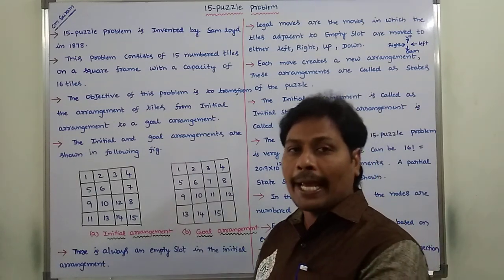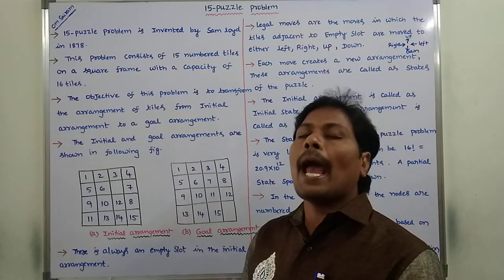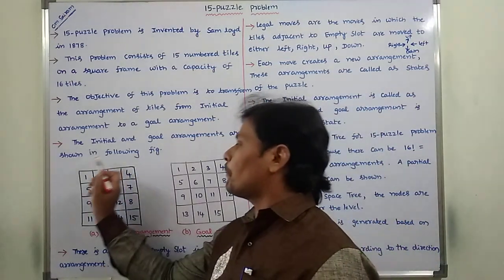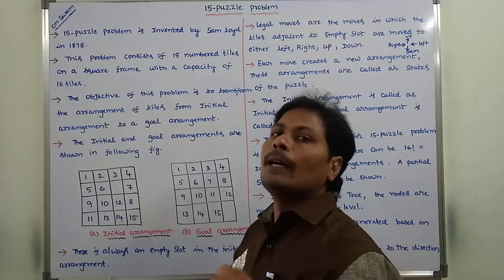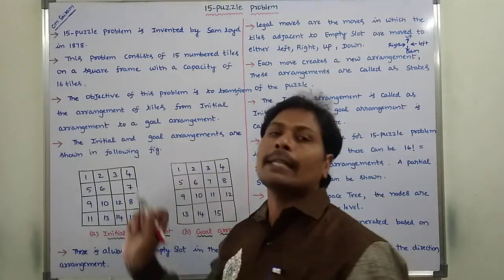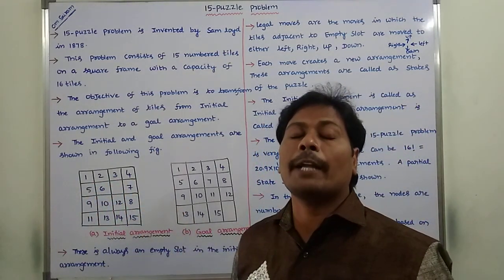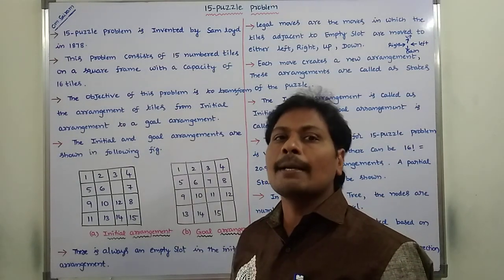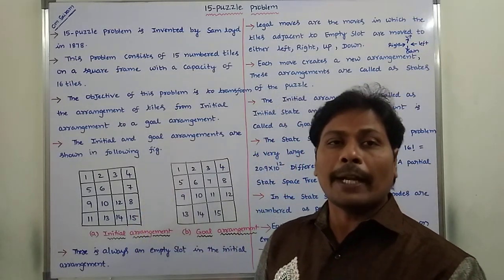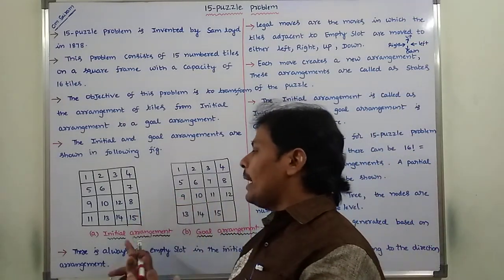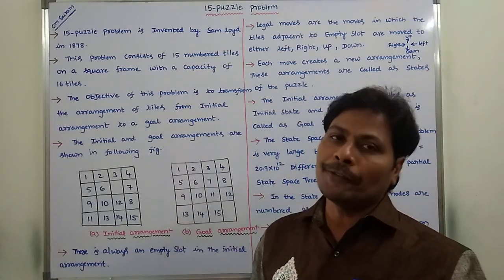On that square frame, we have 15 tiles placed, numbered from 1 to 15, and one empty slot. Because of that, the capacity of the square frame is 16 tiles, but we have placed only 15 tiles numbered from 1 to 15.